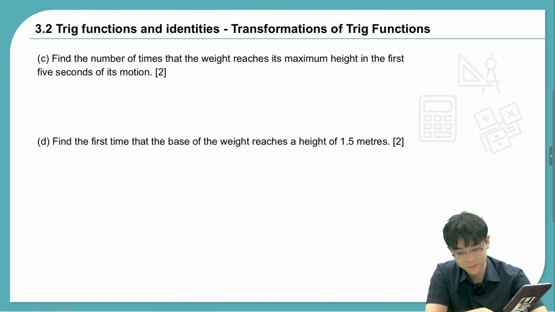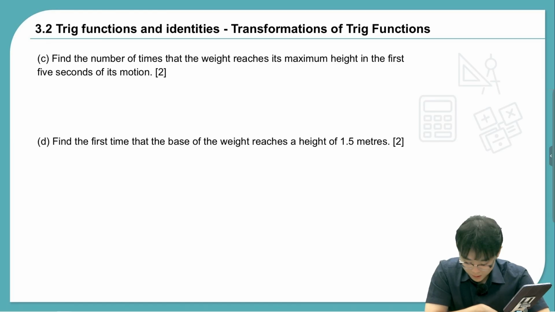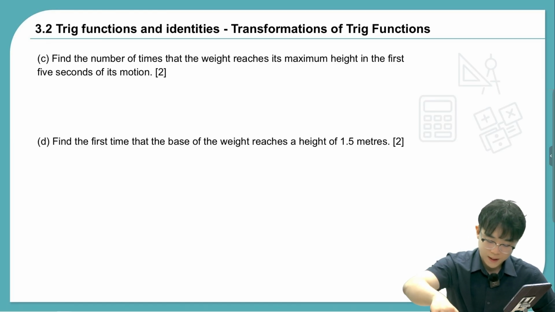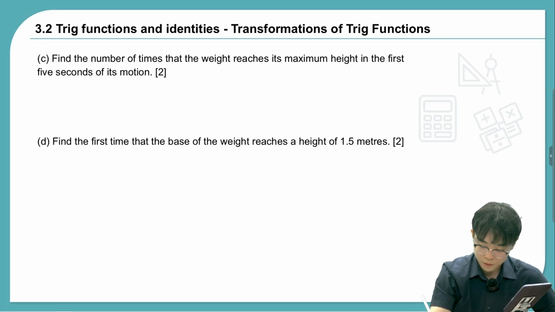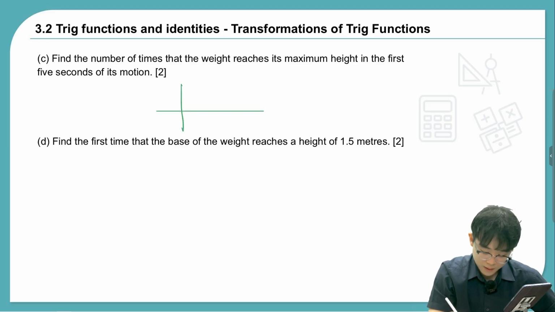Now let's go to C. How many times does the weight reach its maximum height in the first 5 seconds of motion? If you look at the graph, we start from the negative part, and in one cycle there's one maximum right here.